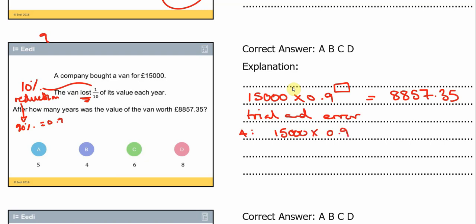There is no real better way of doing this than trial and error until you learn some things you don't learn until A level. But trial and error is not a bad way at all because you can very quickly get to what you want. It's not a big time consume. So this one gets me 8857.35. Oh, I've got lucky. 5 works. If it was too big, I'd have gone smaller, and if it was too small, I'd have gone to a bigger power. But actually, that works completely fine.